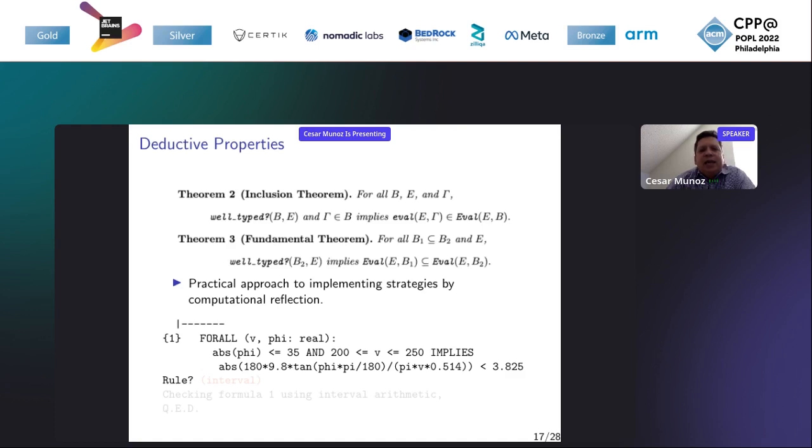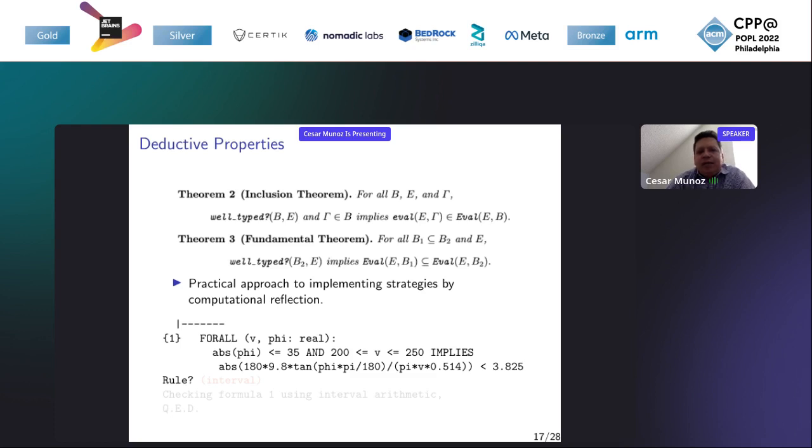What is important here is that this theorem is fully proven in PVS, because everything that you see here is available in PVS. So the notion of well typed needs to be defined in PVS, and for these data types, the evaluation is an evaluation in PVS.